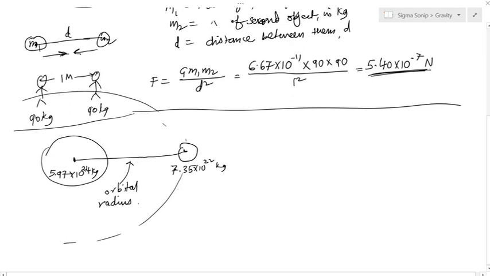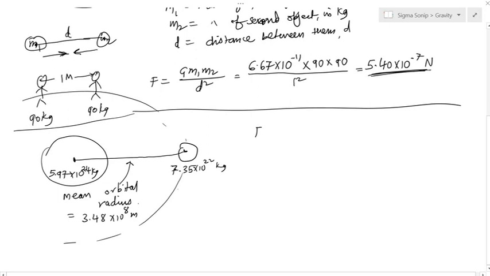This orbital radius is 3.48 times 10 to the power 8 meters. Because the orbital radius changes, you normally look at the mean orbital radius.